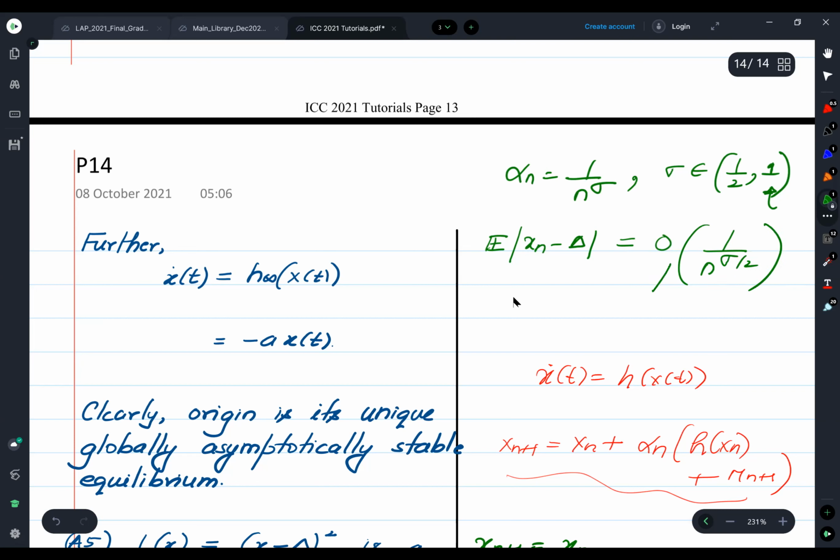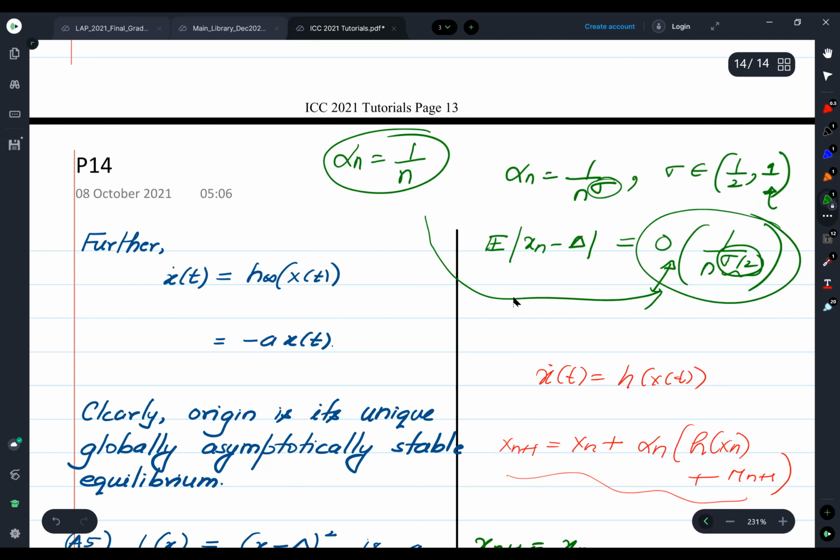So my point is that there are some constants in this order that may depend on P, however this part only depends on the choice of the step size. However, when we choose alpha n to be of the form 1 over n, then the convergence rate may also depend on the choice of P. That is, the decay rate itself may depend on the choice of P. So I hope that answers your question.